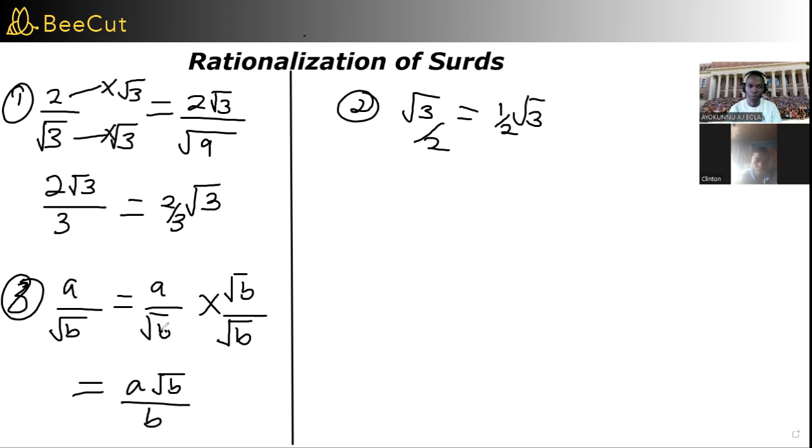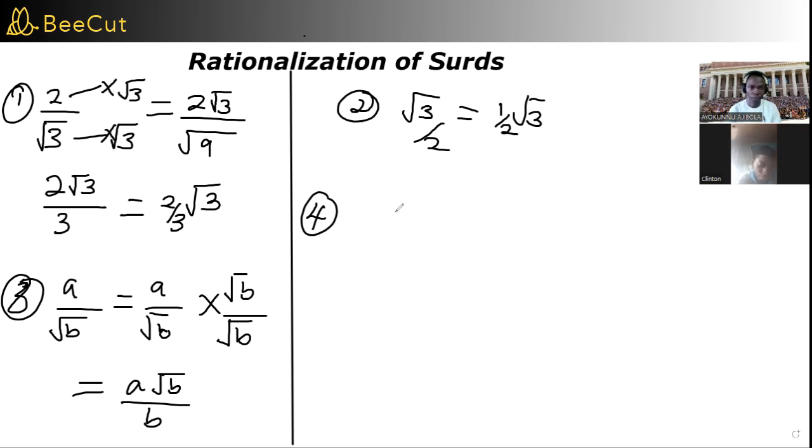Because when you multiply root b by root b, you have b, and the square root of b squared is b. So we're going to look at more examples, and later I'm going to give you some to work on. So you can put those down.